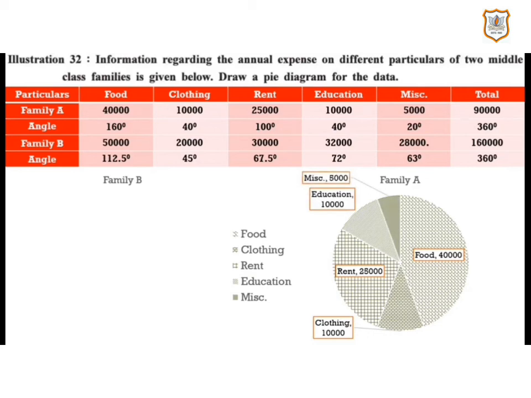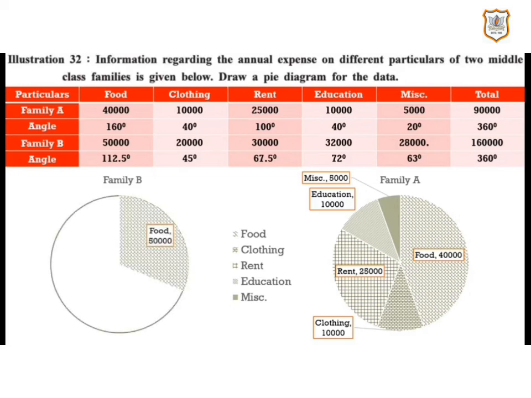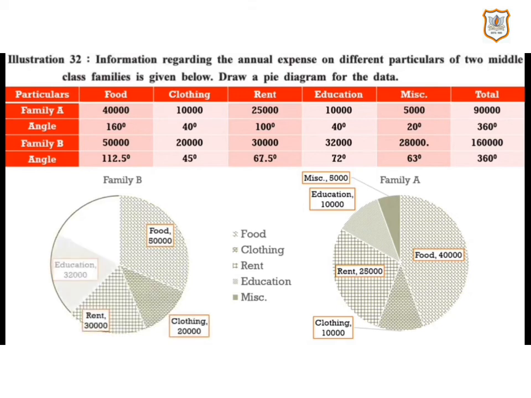Now we are going to draw the pie chart for family B, and we have identified it also with different colors, as in family A. So here we are drawing family B: 112.5 degree for food, 45 degree for clothing, 67.5 degree for rent, 72 degree for education, and miscellaneous 63.